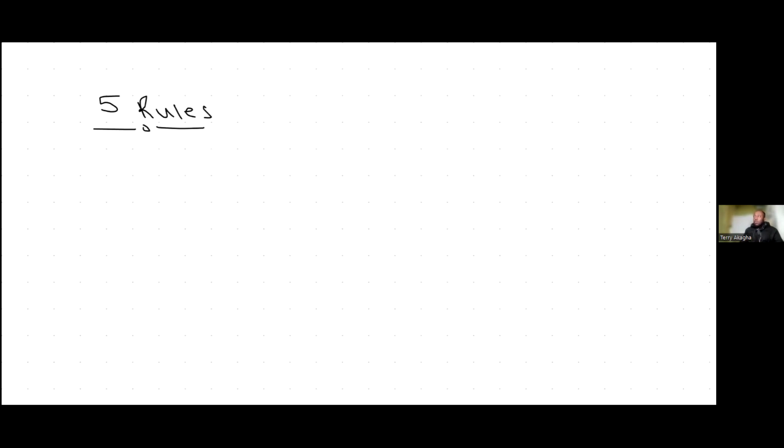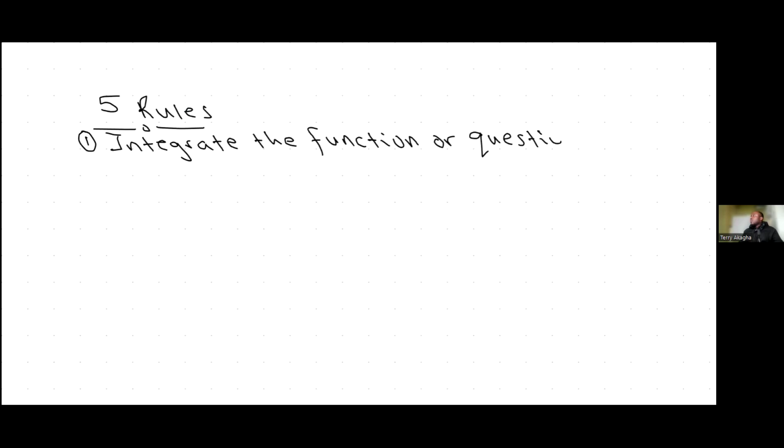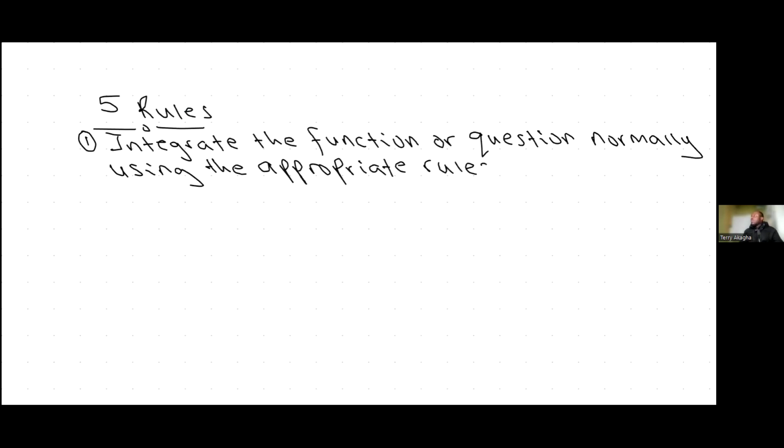So the first thing you do, you integrate the function or question normally, using the appropriate rules from the 15 rules of integration.